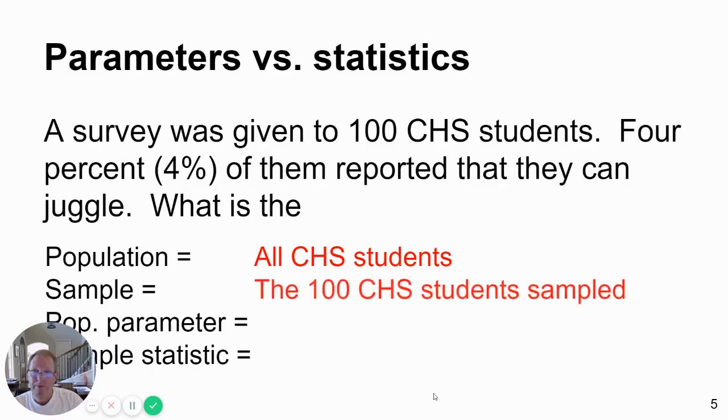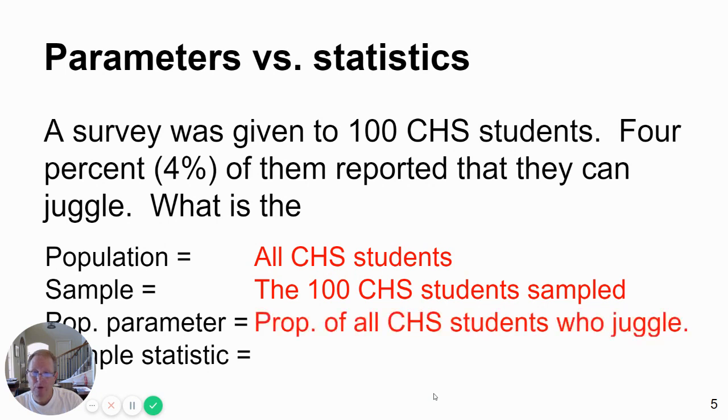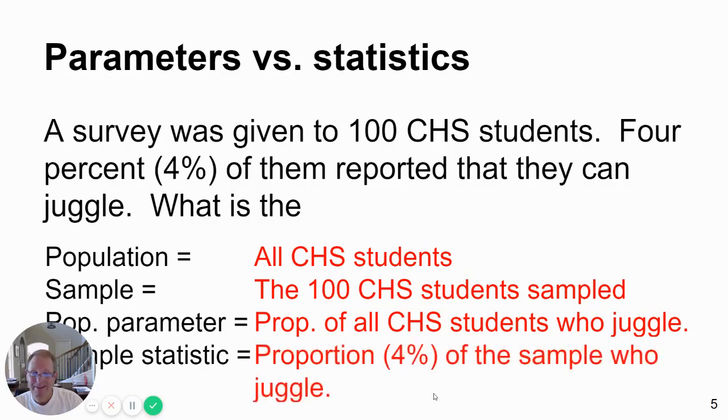The sample is the 100 CHS students who were sampled, 100 from whom we gather data. The population parameter is rho, the proportion of all CHS students who can juggle, and the sample statistic is p hat, the proportion, that is 4% of the sample who can juggle.